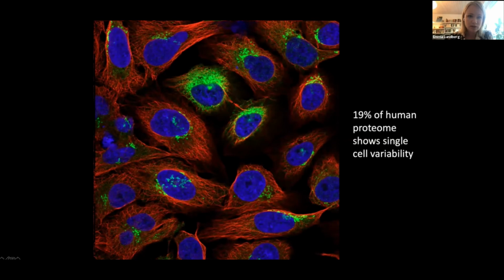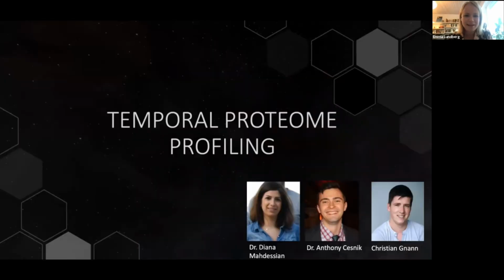This protein is in the Golgi apparatus, but in these cells that just divided, it's in the endoplasmic reticulum. So altogether, we can show that 19% of the human proteome shows single cell or cell-to-cell variability. So this is a pretty high number. So we definitely need better single cell proteomics methods for sure, in my opinion.